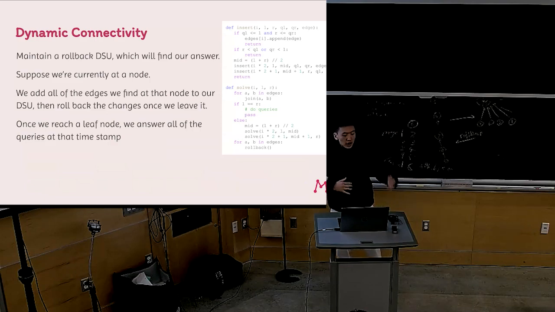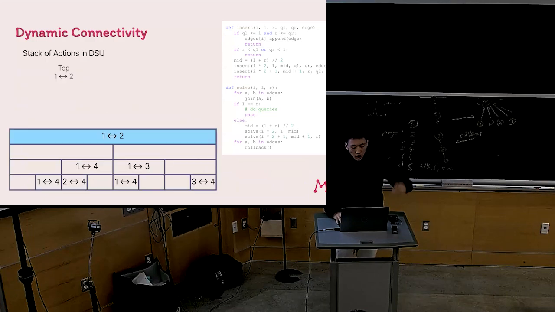And so what we end up doing is we walk down the segment tree. For example, once we go into this top level node, which contains 1 to 2, no matter what subtree we're at, 1 to 2 is going to be present.